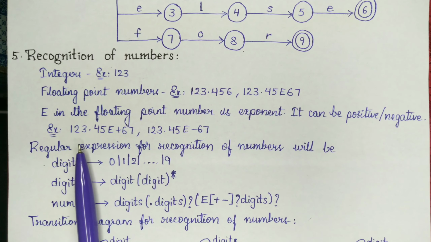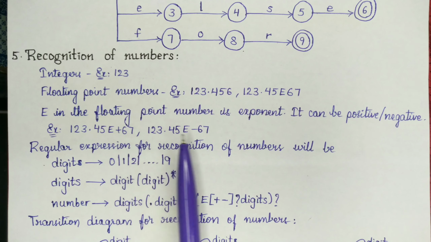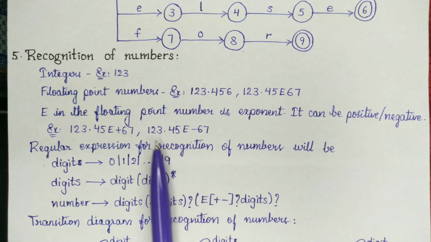Next we have 123.45E plus 67: digits 123, dot, 45 digits, E, plus or minus is there, so plus, and digits 67. So the syntax is satisfied and the regular expression we wrote is correct.